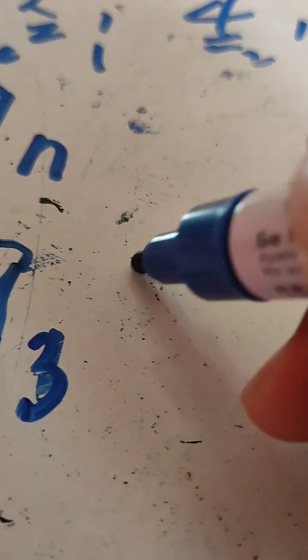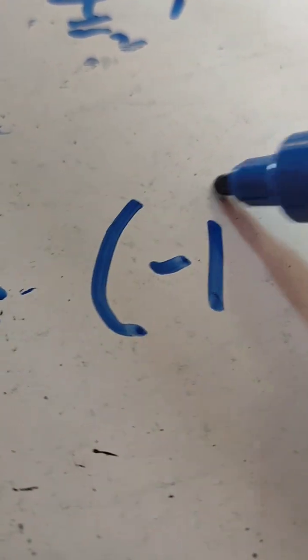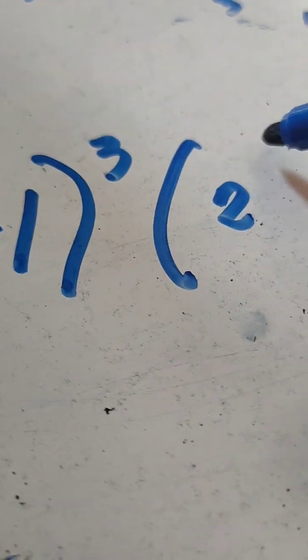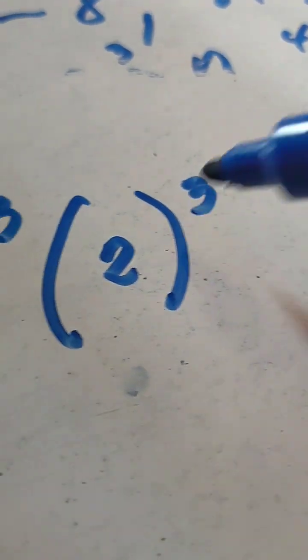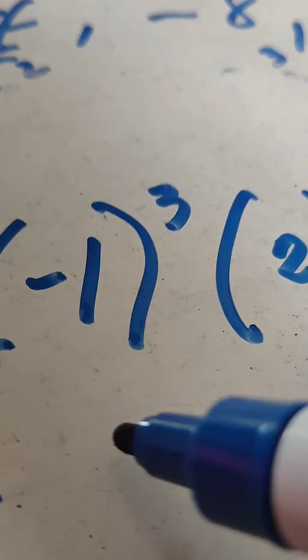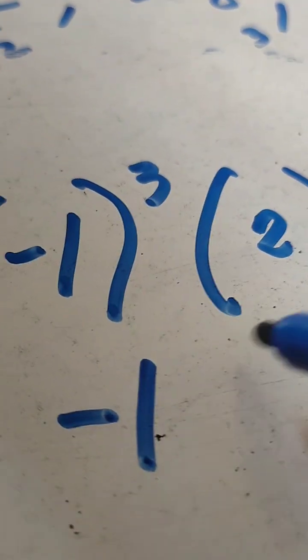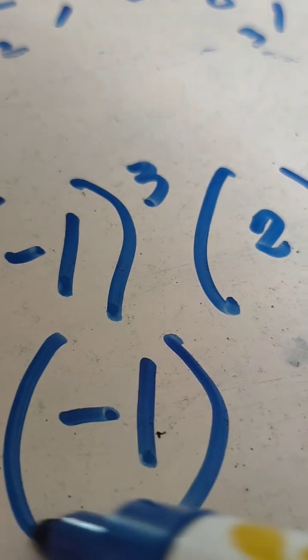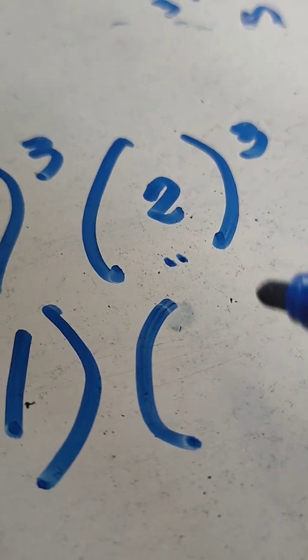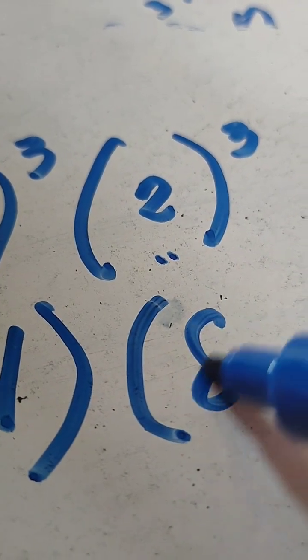So let us make use of this. a sub 3 is negative 1 cube, because that is our n, times 2 to the power of 3. Negative 1 times negative 1 times negative 1 is negative 1, times 2 times 2 times 2, which is 8.